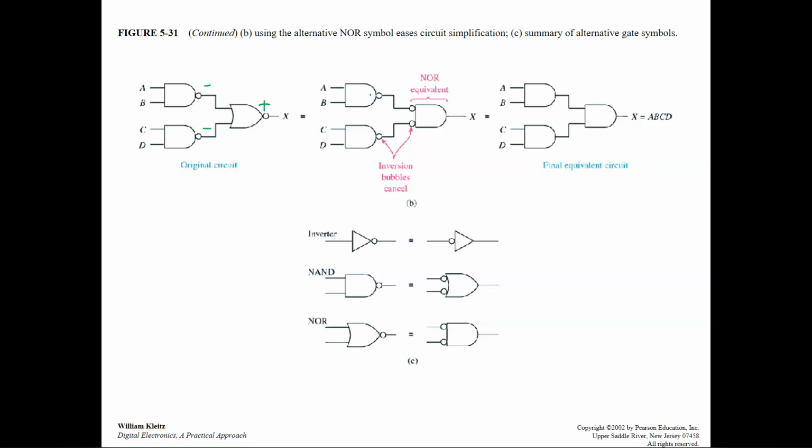What they're trying to show you guys is that the negative signal essentially ends up where these inversion bubbles are. And what they're trying to do is simplify it so that you don't end up with anything overly complicated. Because all these bubbles mean is that you're inverting the signal from what you had before.